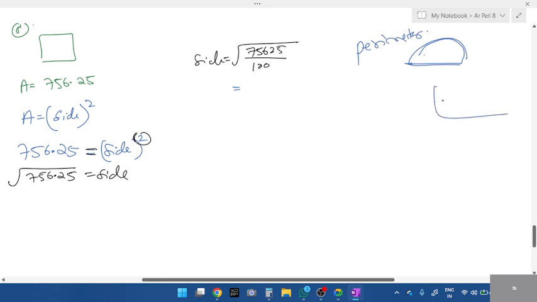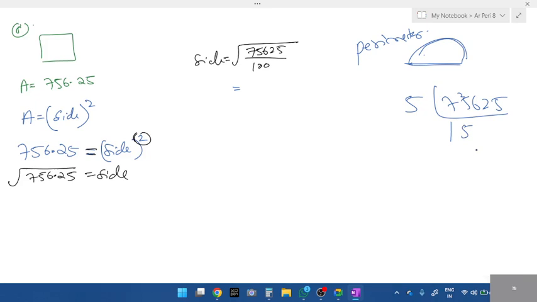Side. Let us factorize 756 by 5. Use the 5 times table. All of you will be quick. How many times does it go? 5 ones are 5. Remainder 2. Solve this. Manak, Mala, you all doing it? Can you respond? Yeah, factorize this, students. Use the 5 times table. Factorize.